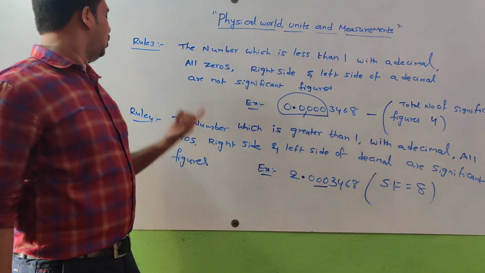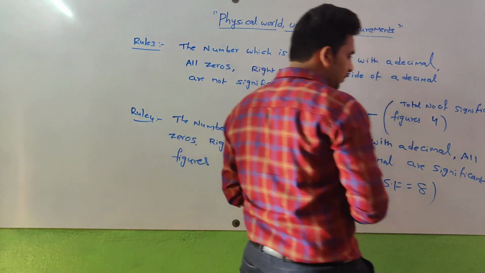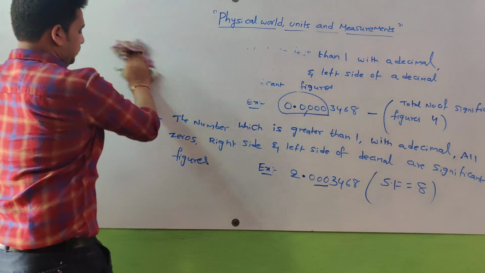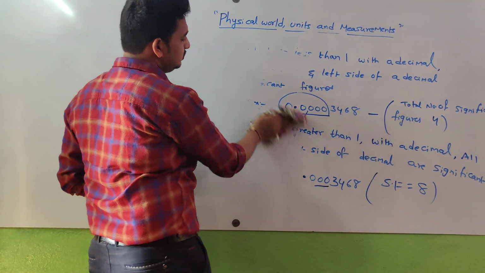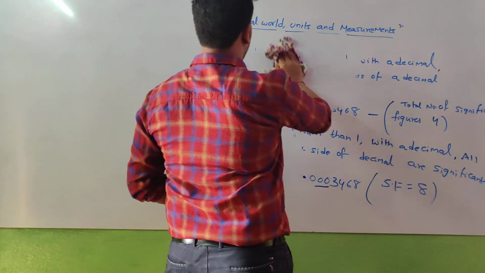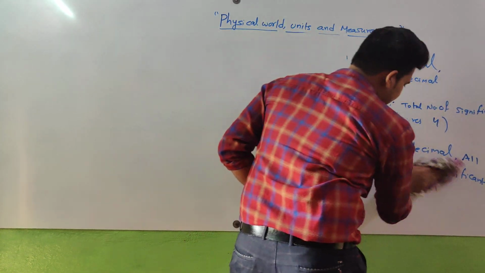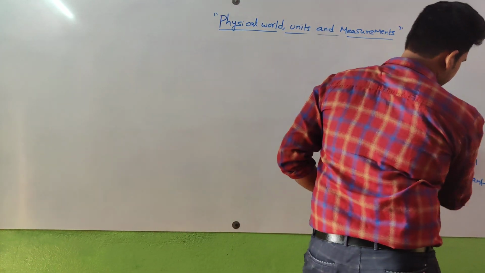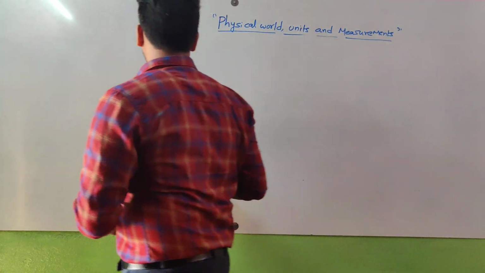This is rule 4. Next, the last rule for finding number of significant figures in a given number. Last rule, rule 5.